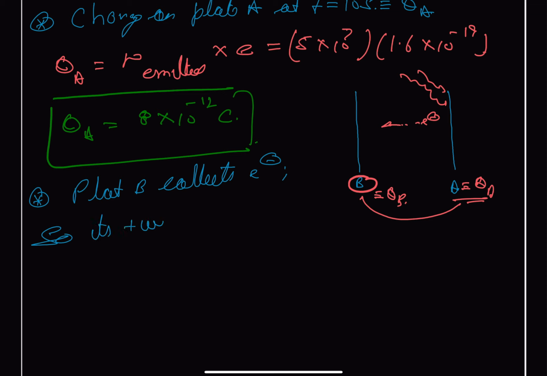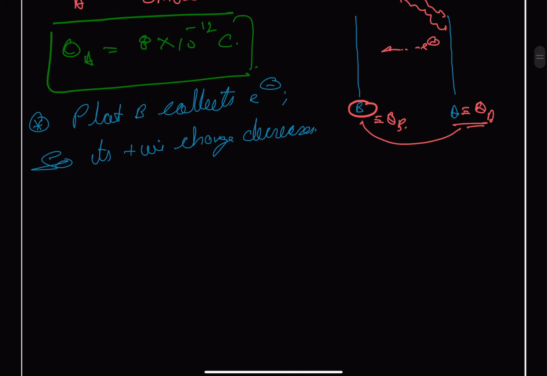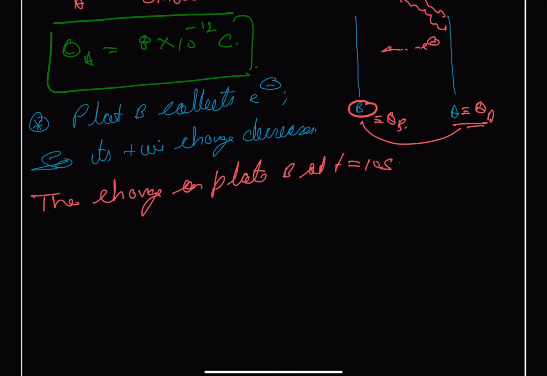Its positive charge decreases, which basically means that the new charge, or rather you can say the charge on plate B at t equal to 10 seconds, let us suppose that is QB prime.